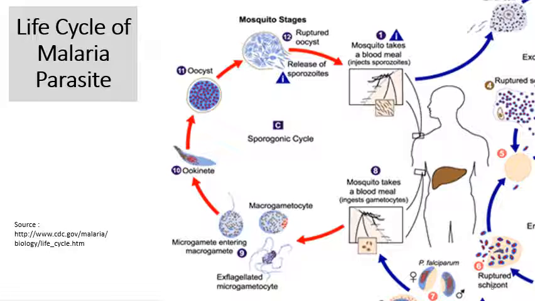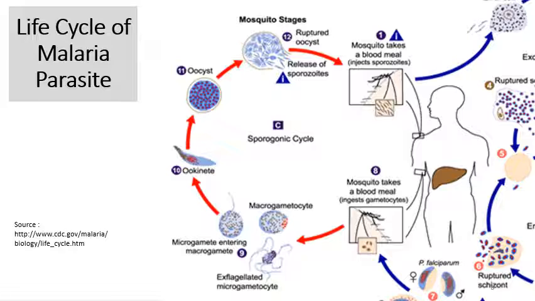The oocyst gradually increases in size and then enlarges and undergoes nuclear division, forming sporoblasts. The sporoblast then divides repeatedly to form thousands of sporozoites, and being motile, the sporozoites burst through the weakened and ruptured wall of the oocyst and then invade the body cavity of the mosquito.